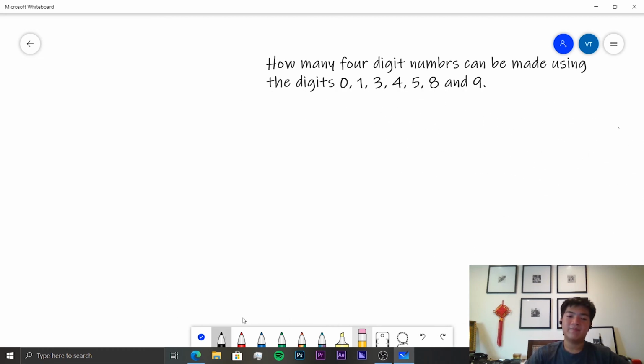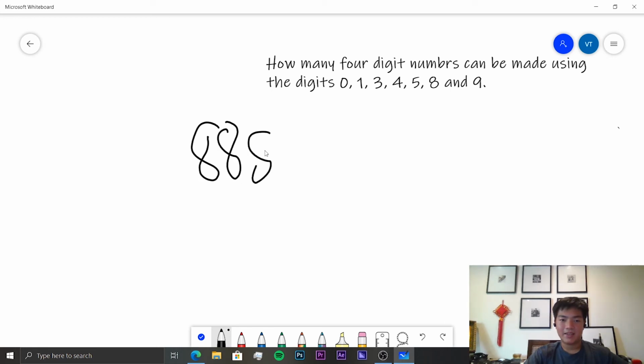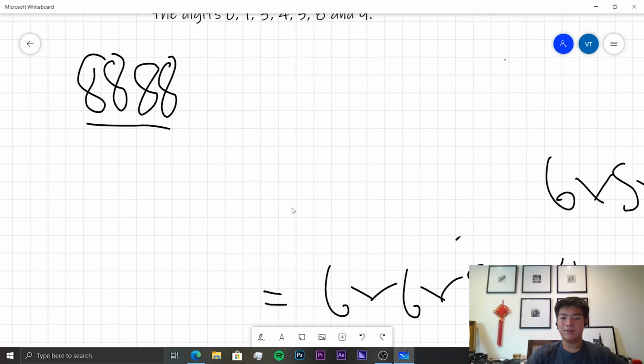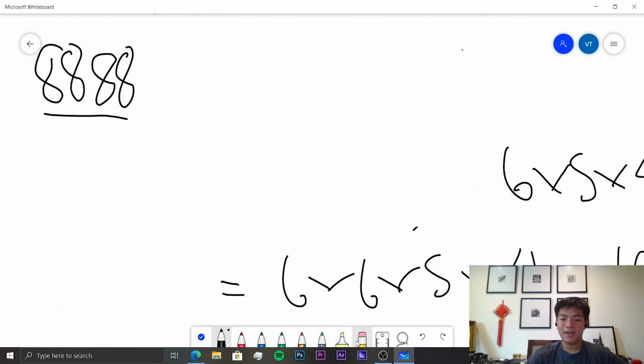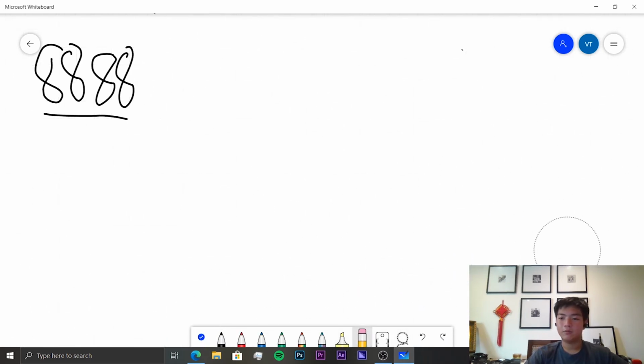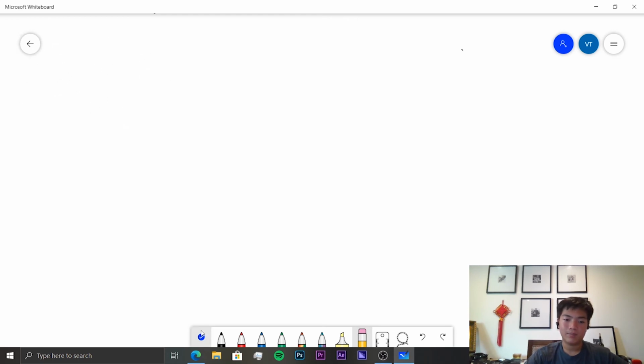What I mean is that I'm reading the mark scheme and it's giving me a different answer. I think they're accepting 8888 as a valid 4-digit number, which it is, but I didn't know that the digits don't have to be distinct, which changes our calculations a little.